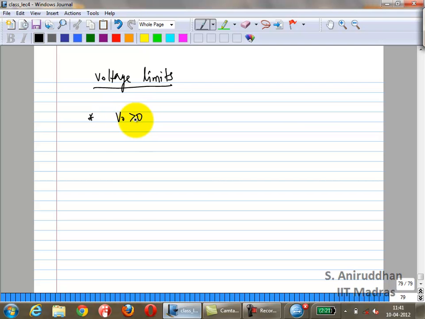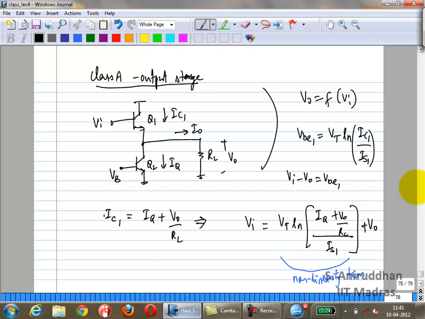We'll first assume that Vo is greater than 0. Sorry, a small error in the figure, because eventually we are going to work back towards the 741 output stage which we looked at. So this is VCC and minus VEE, not ground.